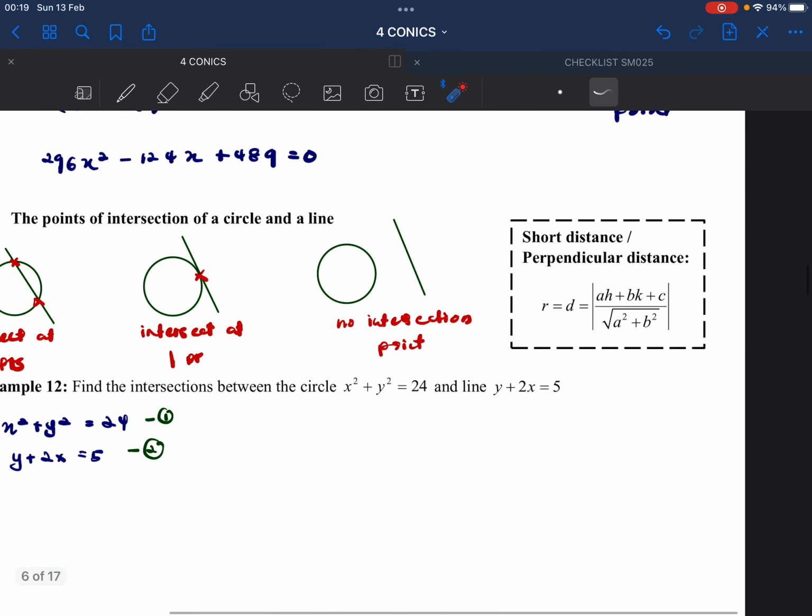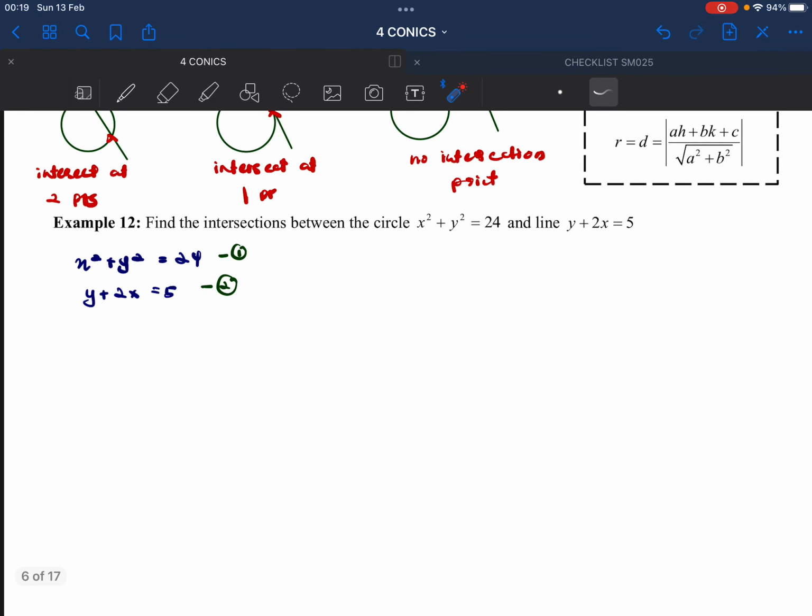So what we are going to do here, we are going to make y the subject. So let's make y equals to 5 minus 2x, and that's going to be our second equation.